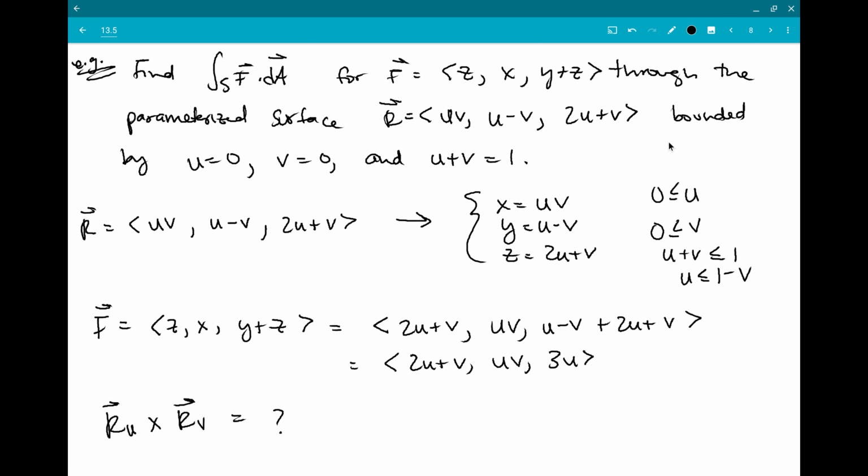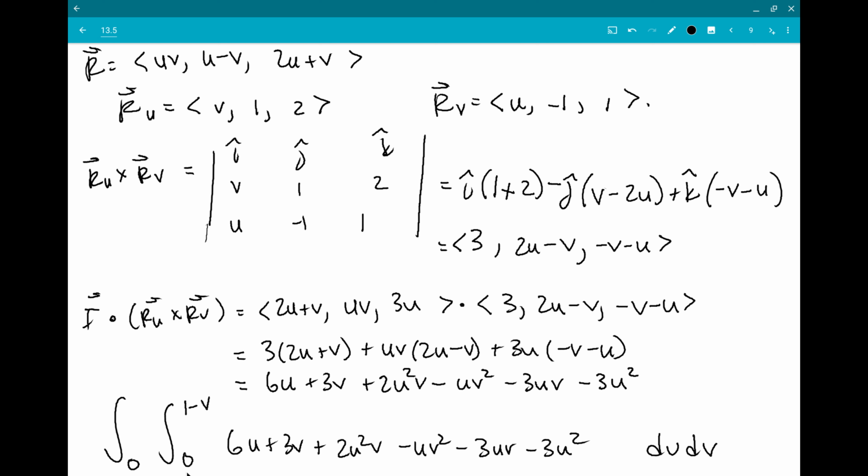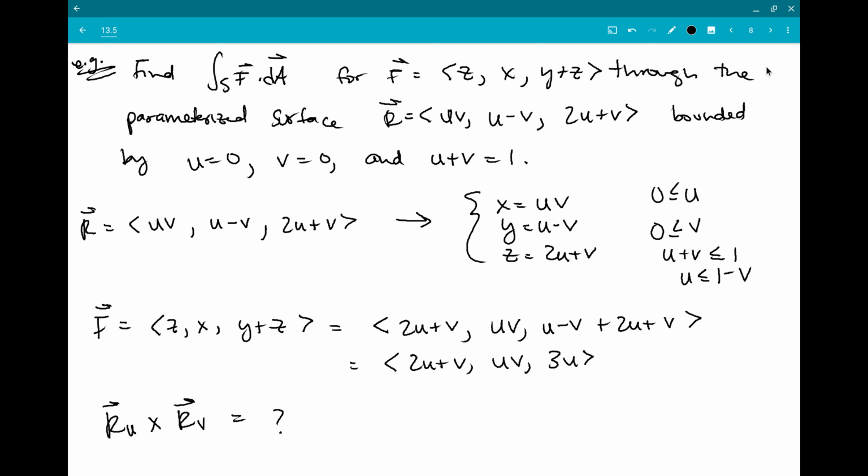From the original, we had u plus v equals 1. So that turns into u equals 1 minus v. The upper bound for u is u equals 1 minus v. And then my upper bound for v, I can get by setting these two things equal, and I see that v has to be 1.